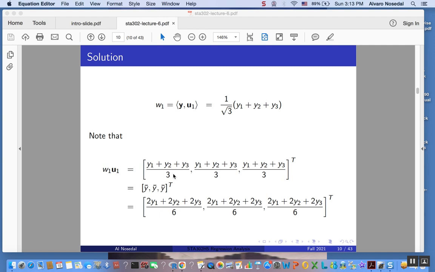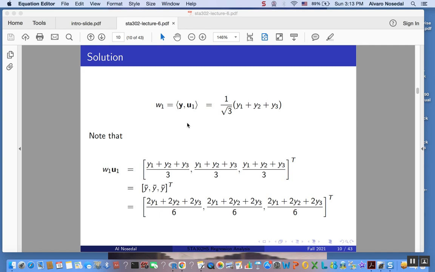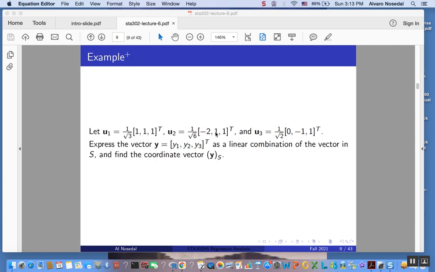Okay? So, if you wanted to find w2, it's going to be equally simple, right? Just find the inner product between your generic coordinates y1, y2, and y3, and w2, which in this case happens to be this guy here.